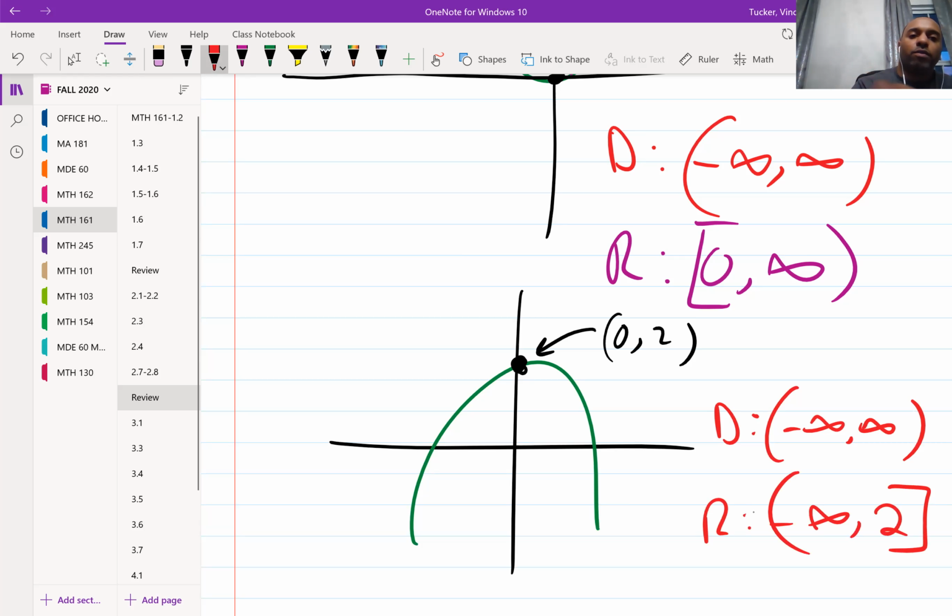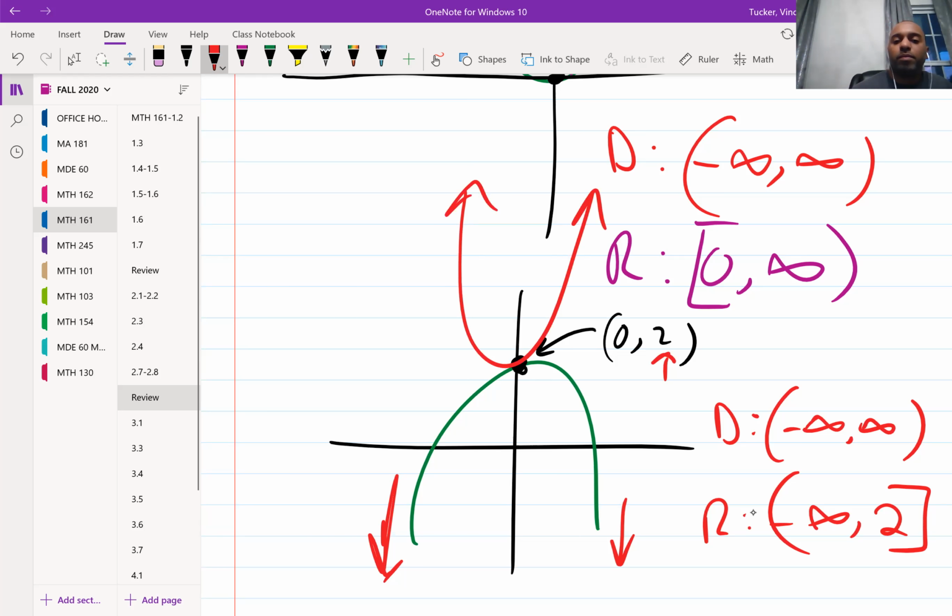Because my highest value is always my vertex, or my lowest value. And in this case, it's the highest value, and my y is 2. These all go to negative infinity down here, because the parabola is pointing down. I would think it would be 2 to infinity, but wouldn't that be if the parabola was facing up? Exactly. If it was going this way, it would be 2 to infinity.